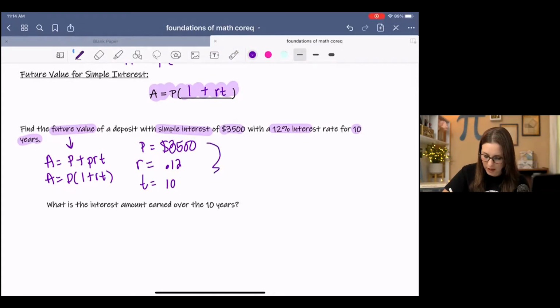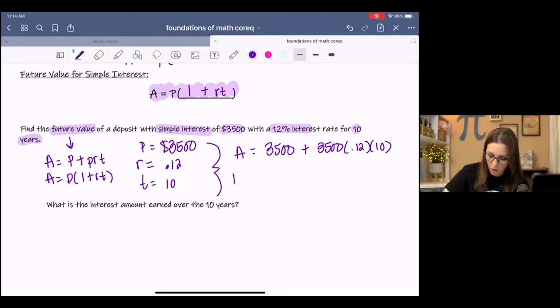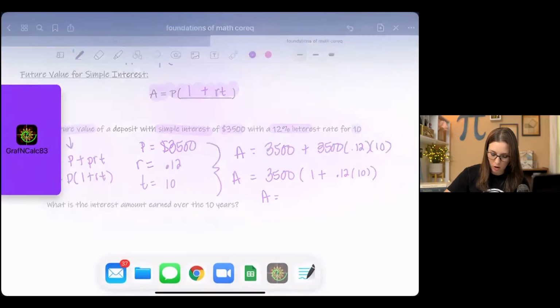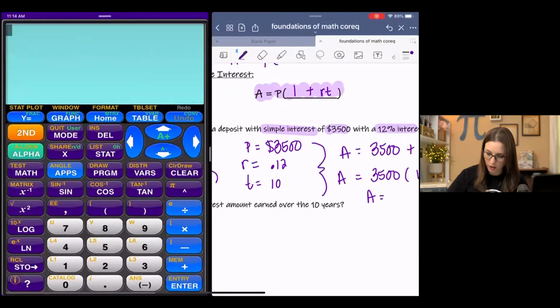And so we can take our information, plug it into either formula. It has an interest of 12% 10 times because it's 10 years, or our other formula, 12% 10 times. And we are going to end up with the same amount no matter which formula we use.